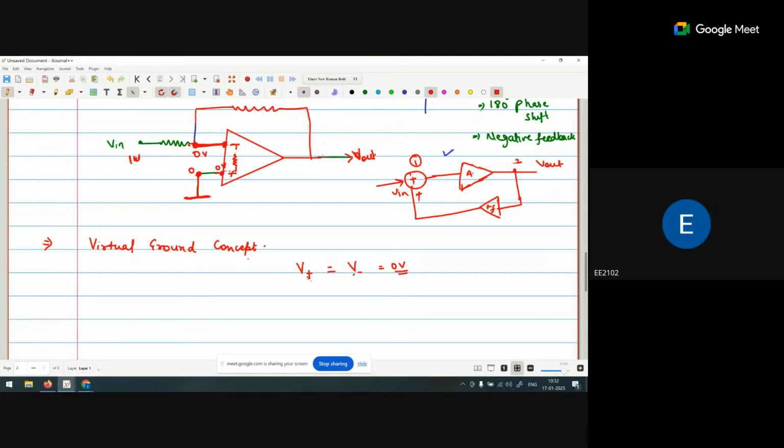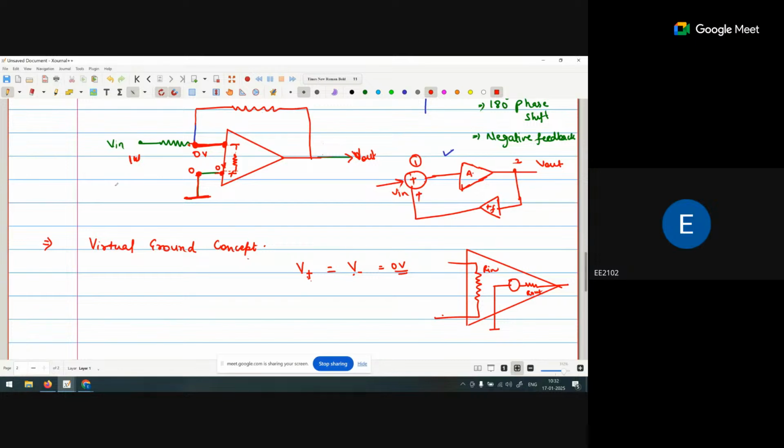We discussed the internal diagram of the operational amplifier in the previous class. I just repeat it again. Ground, source, R out, R in.